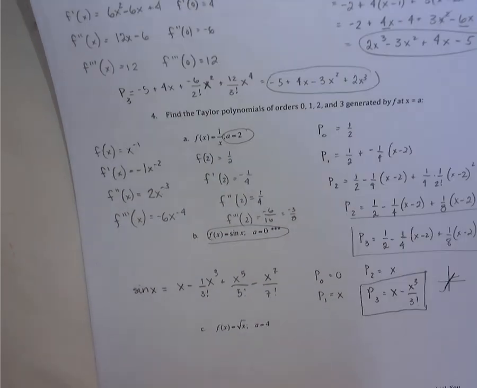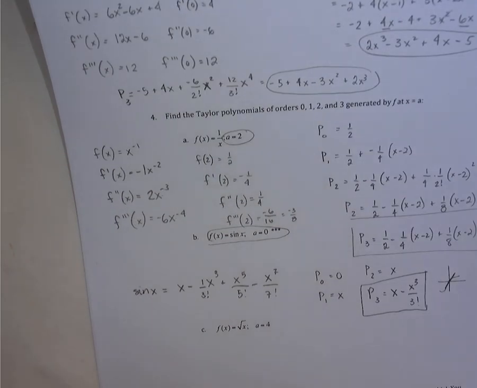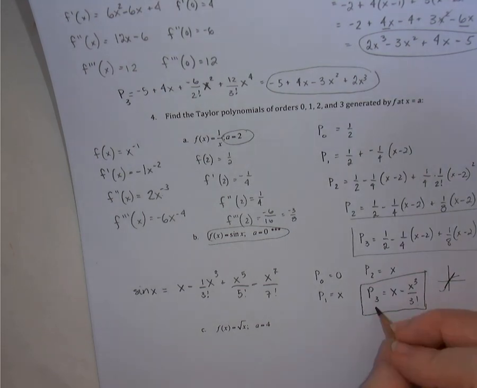I'm going to think about the same thing with cosine of x, but I'm going to cheat a little bit, with two things. One thing I know from last night is that the expansion is 1 minus x squared over 2 factorial plus x to the 4th over 4 factorial minus x to the 6th over 6 factorial, and so on. The other thing I know is that cosine is the derivative of sine.